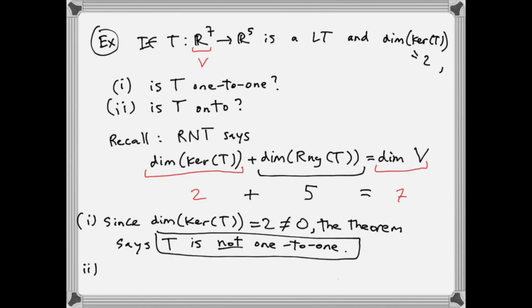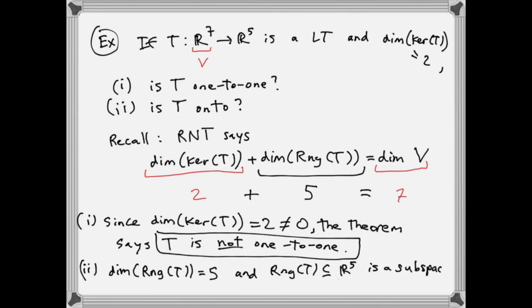And what about part 2? Well, we could tell a lot from dimension, especially when they're nice numbers like this. Dimension of the range is 5. And recall that the range of T is a subspace of R5. So what does that tell us?